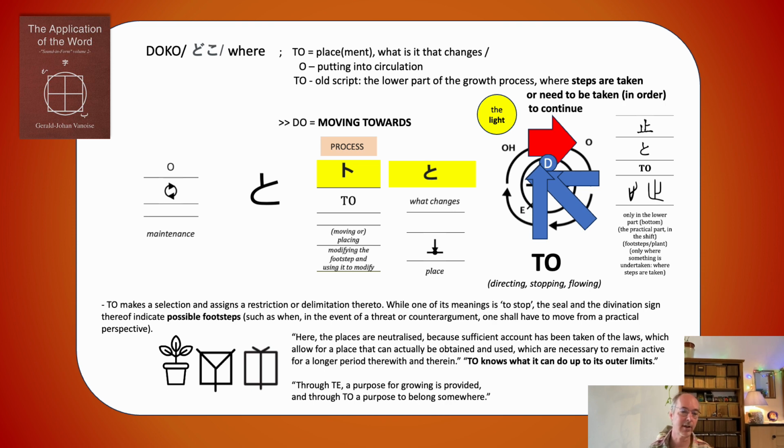Actually, it's a little bit the plant which is growing further, and it knows what it needs to do as things change. It goes towards the light, and it takes steps towards light. It doesn't do that immediately. It will follow the process, as you know already from the sound O, how I expressed it several times. Then you know that To is taking steps, and that's how you can see it.